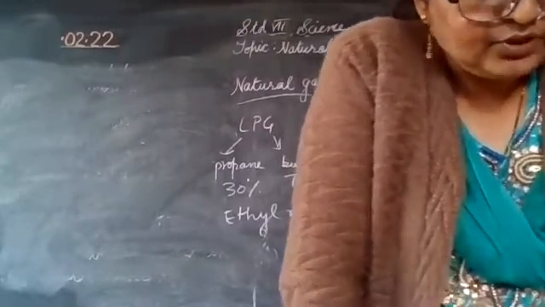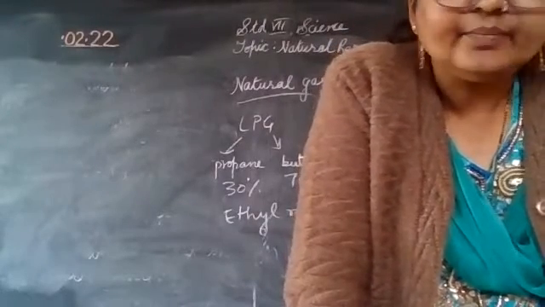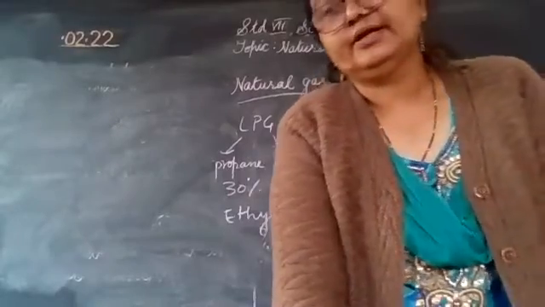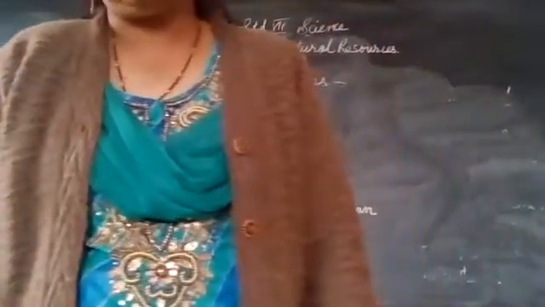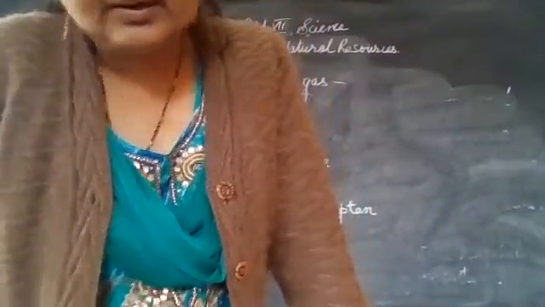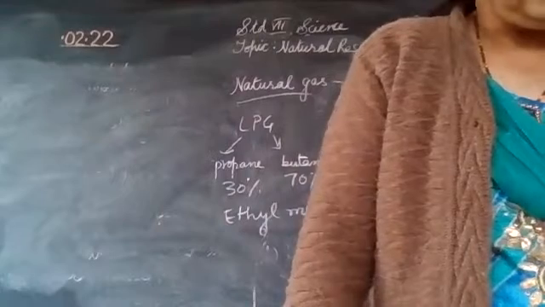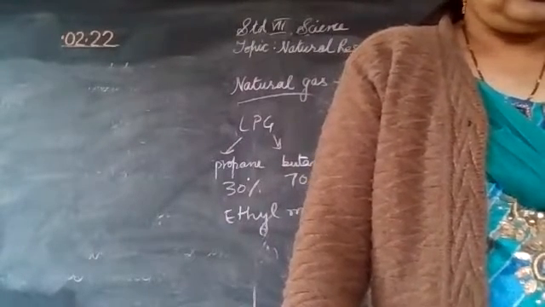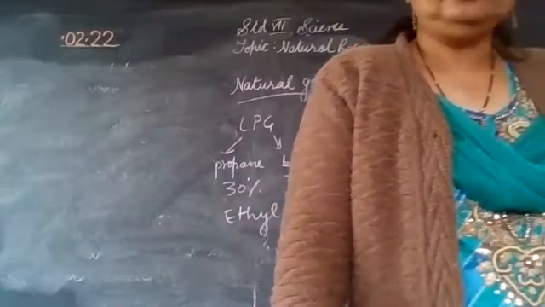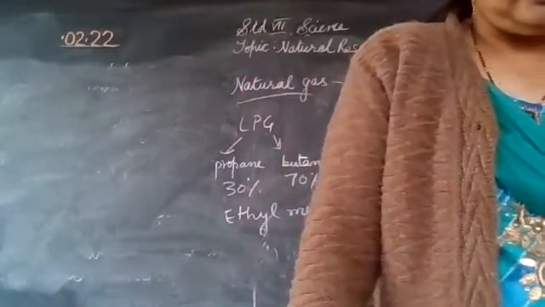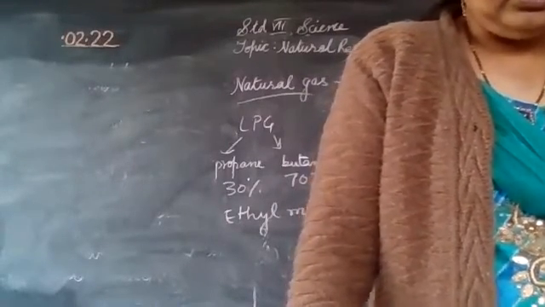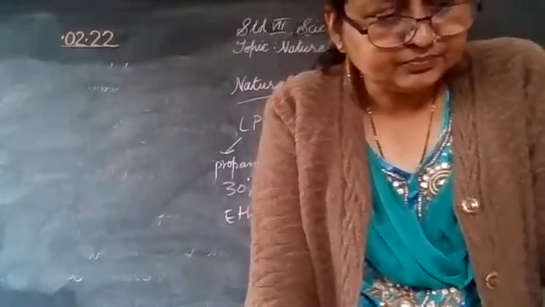As the reserves of fossil fuel, mineral oil and coal are limited and the demand is increasing, alternative fuels are coming into use. तो हमको अल्टरनेटिव सोर्स ढूंढना होगा जिससे हम इसकी कमी को पूरा कर सकते हैं. These sources are now replaced by hydrogen, biofuels, methanol or wood alcohol, ethanol, green alcohol. These are all alternative fuels.